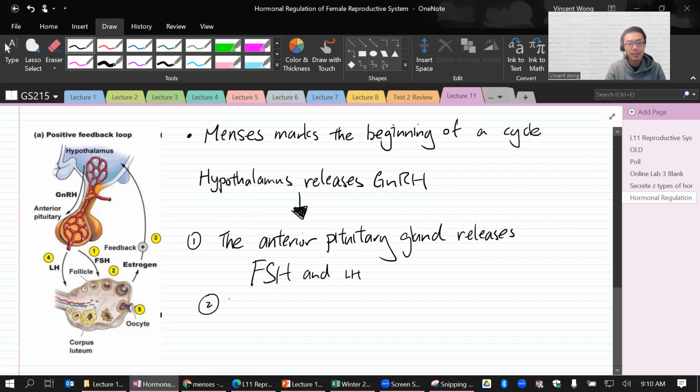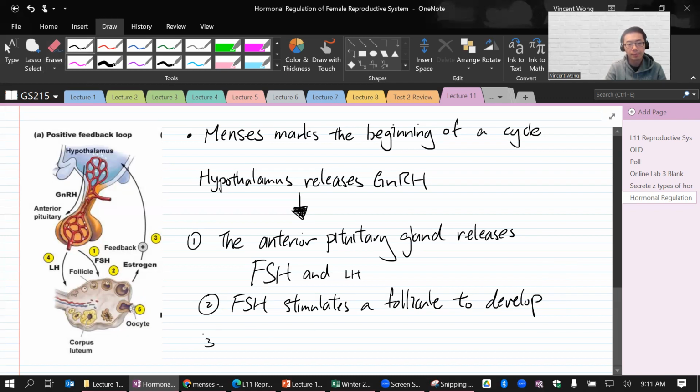What happens next? At number 2, the FSH travels through the bloodstream to the ovary, and FSH will stimulate a follicle to develop. So that's what this is. This is the follicular phase.